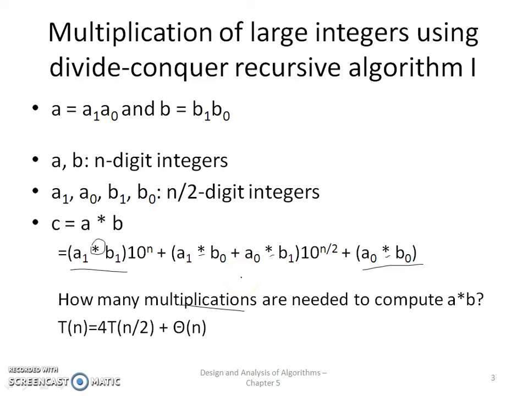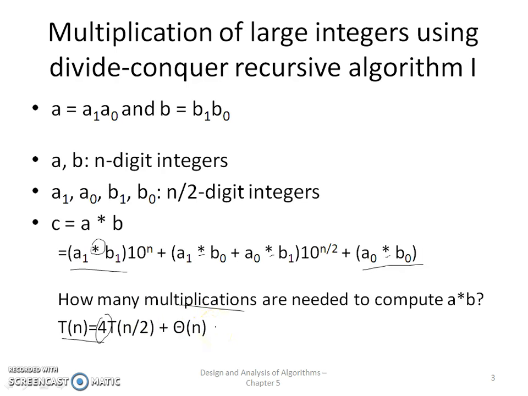Hence, representing this as a recurrence relation, T of n is 4T of n by 2 plus theta of n. This 4 comes from the fact that we have 4 multiplications, and T of n by 2 comes from the fact that we are dividing the problem size into half its original size. If we expand and solve this further, what would be the amount of time required?